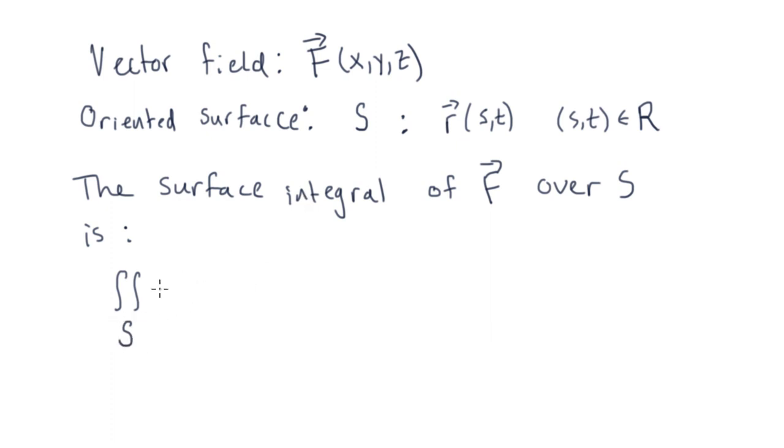Okay, so we'll have our vector field, and just like with a line integral, we want to take the component of the vector field that lies in a certain direction.